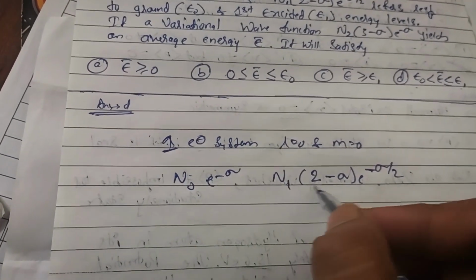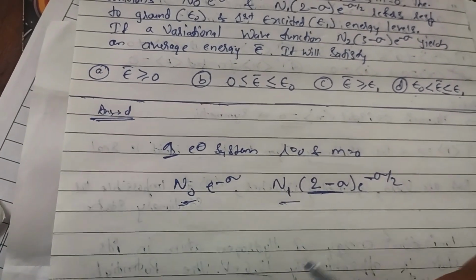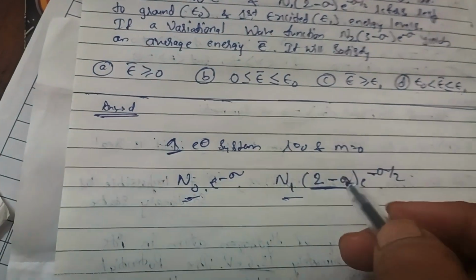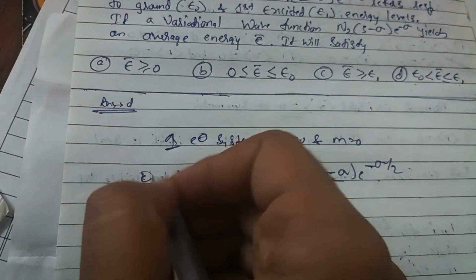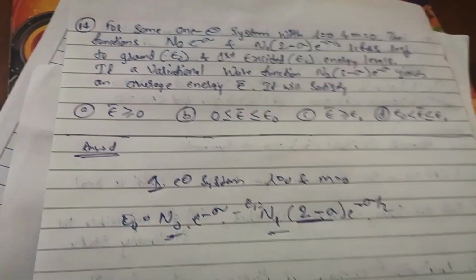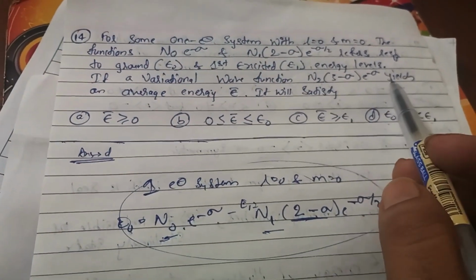This one is for the ground state and this is for the excited state respectively, with energies E naught and E1. This is the given, and they are asking for the yields.